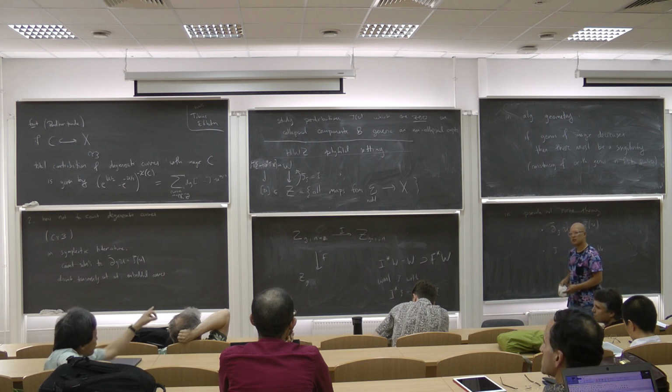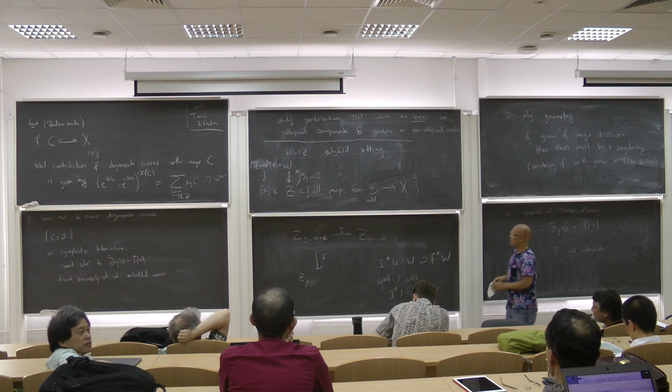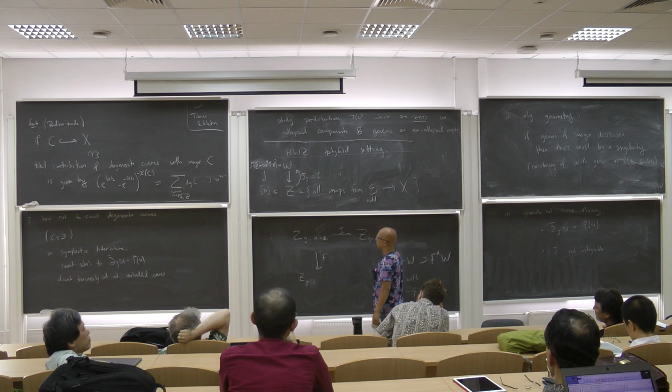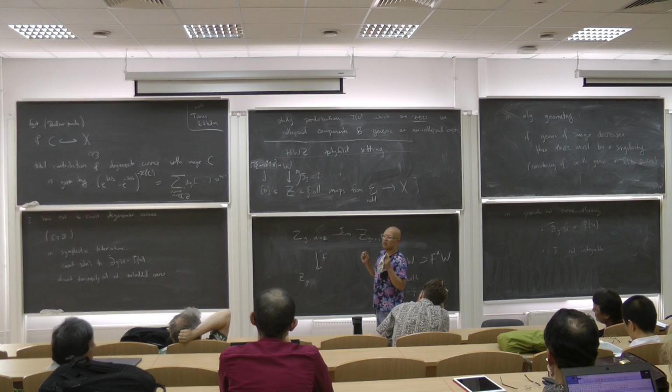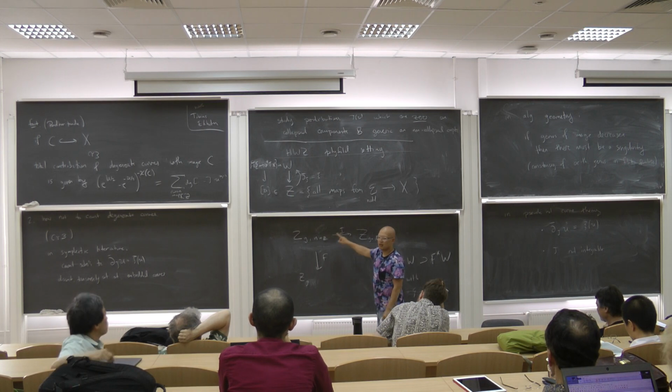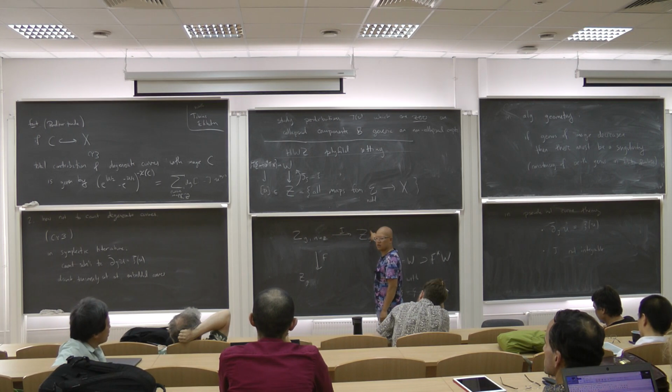Yeah, but then F is not every map. Because if you forget the mark point, some component which used to be stable will not be stable. Yes, but that's not relevant to this particular issue. Okay, but F is not stable.